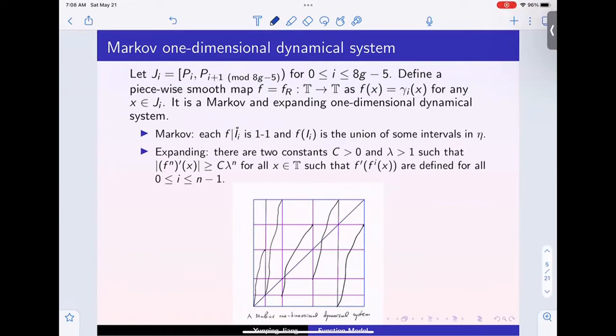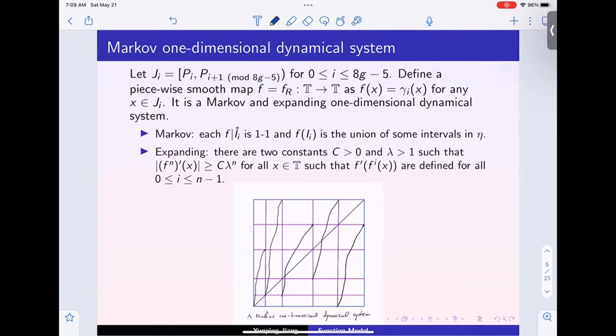So then on each interval, you define a map gamma_i, right? On this interval, you define this map gamma_i, because gamma_i is actually defined on the unit disk, even on the complex plane. So you define this gamma_i on interval J_i.